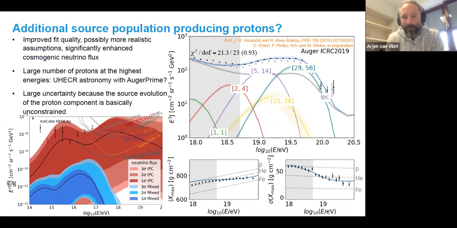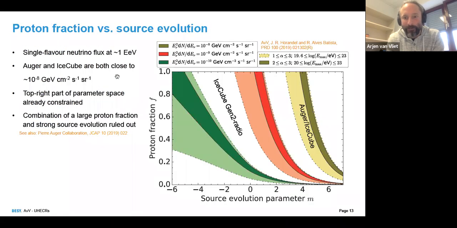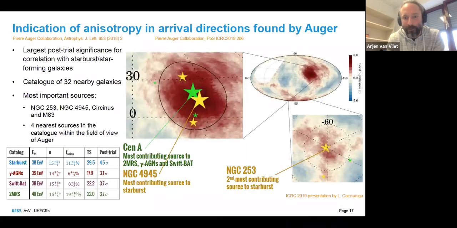In that case, you would not get these protons from the same sources as those you see these correlations with. You would get them from rarer, less abundant sources that are farther away, and therefore the cosmic rays are deflected more because they're farther away, and so they're more difficult to see.